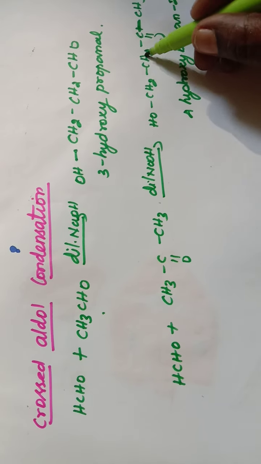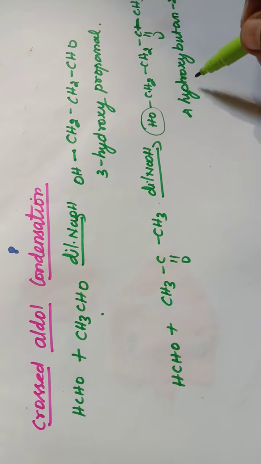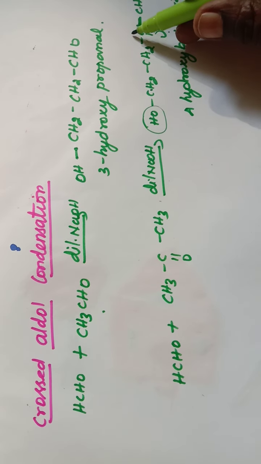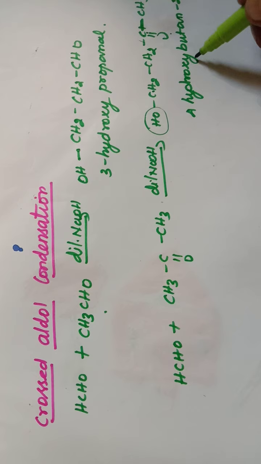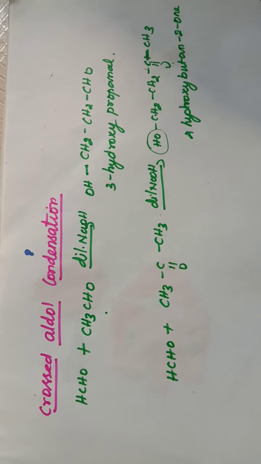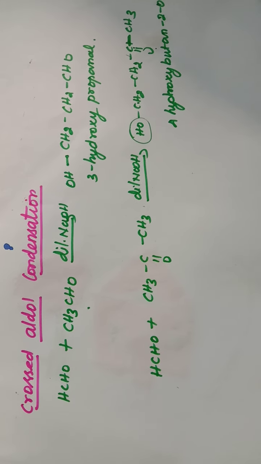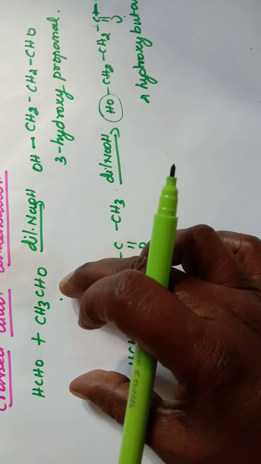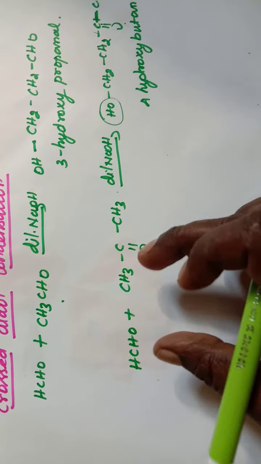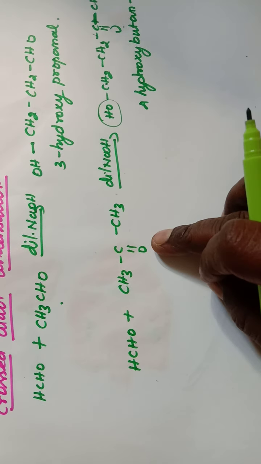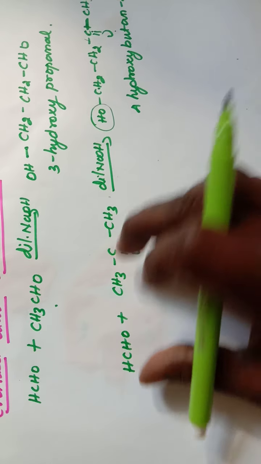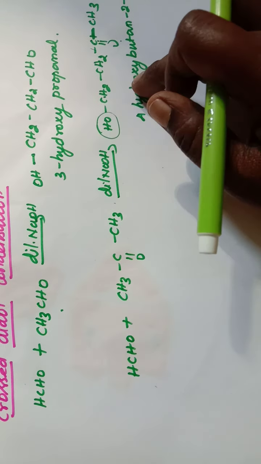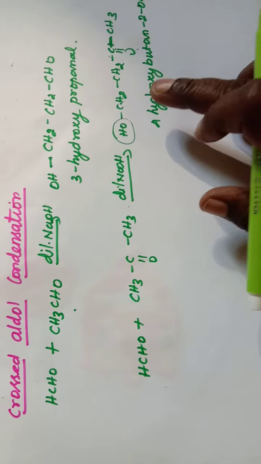There are 4 carbon atoms, the 4th carbon contains the hydroxyl group and the 2nd carbon contains the carbonyl group. Name of the compound is 4-hydroxy 2-butanone. So crossed aldol condensation means 2 different aldehydes, or one aldehyde and another compound a ketone, combine together and we get a product, and this is an aldol and this is a ketol.